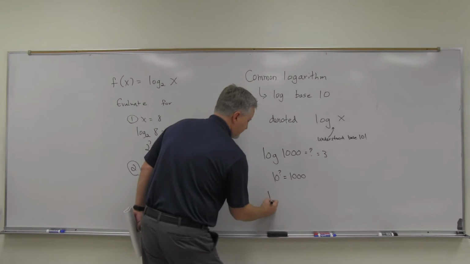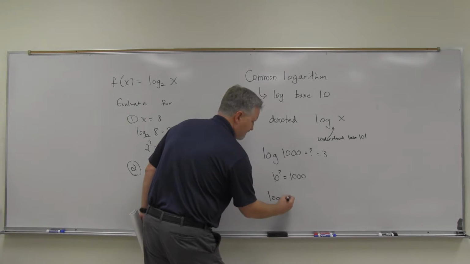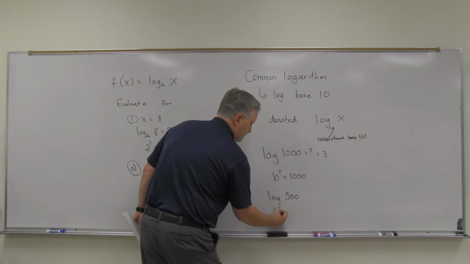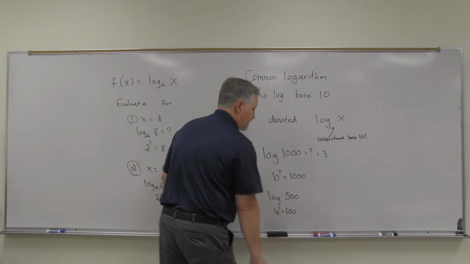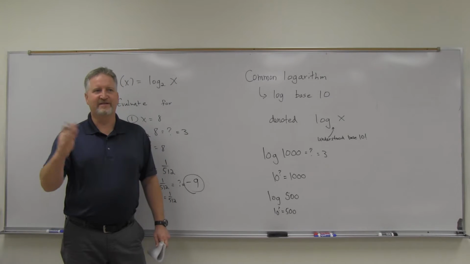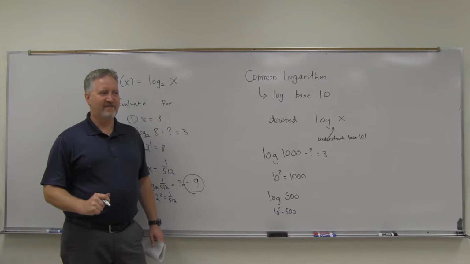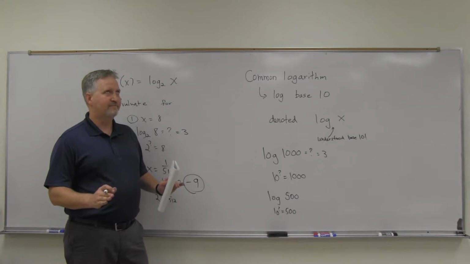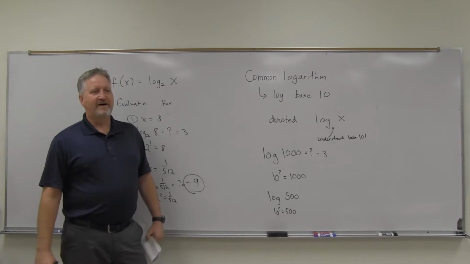But if I have log of 500, 10 to what power gives me 500? Well, that's not a nice power of 10. 10 to the second is 100. 10 to the third is 1,000. So I skipped right over 500, and it's not going to be 2.5 either.